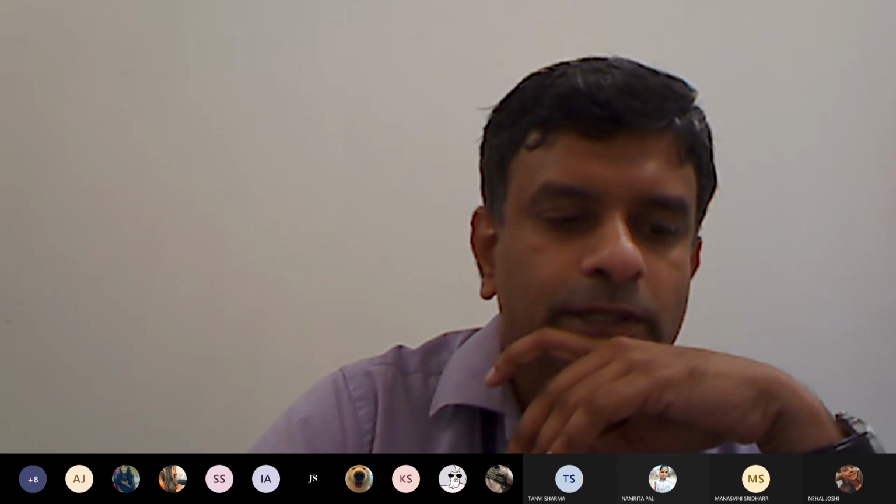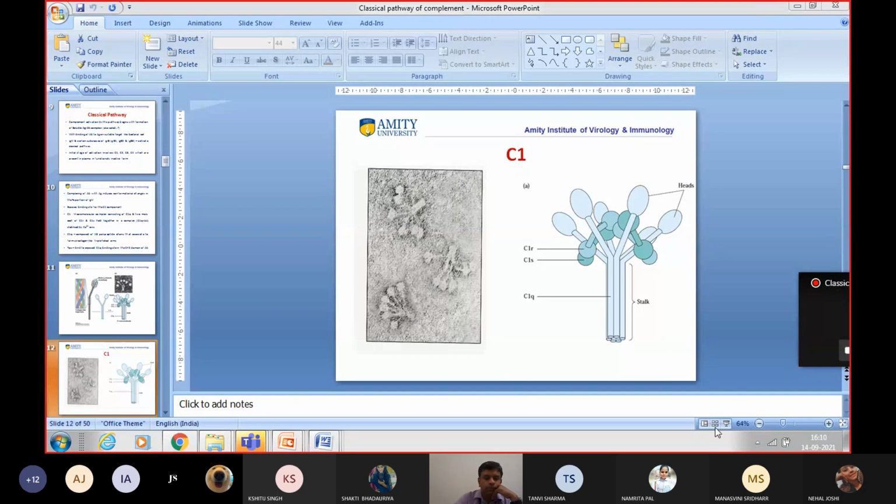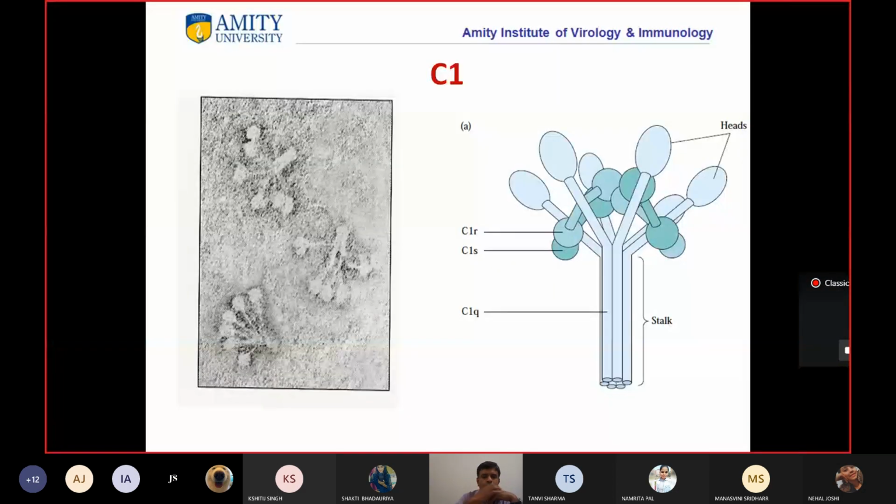Okay, let me show you the picture. I think then you will be able to answer this. Is it C1Q? Which part of C1Q? The tip or globular head. Yes, the globular heads bind to the antibody.